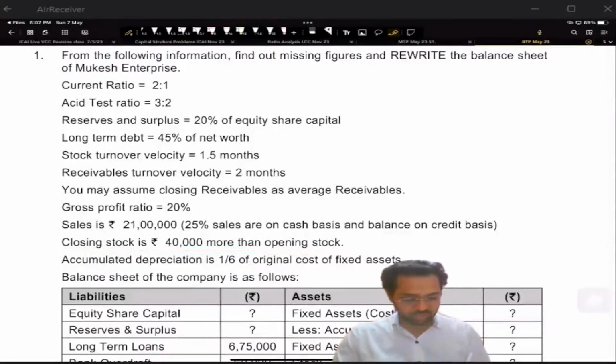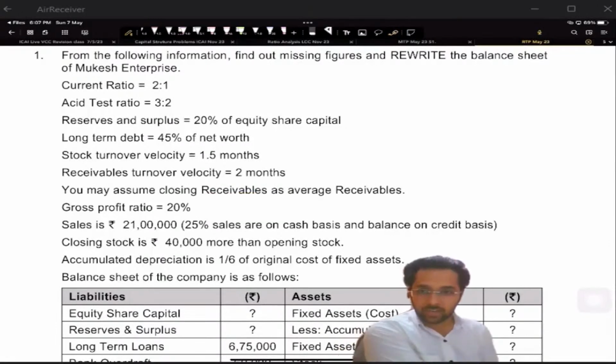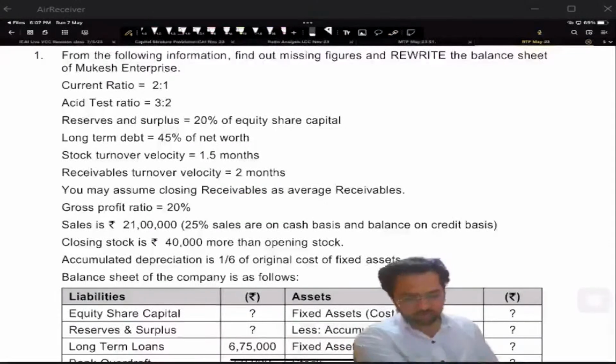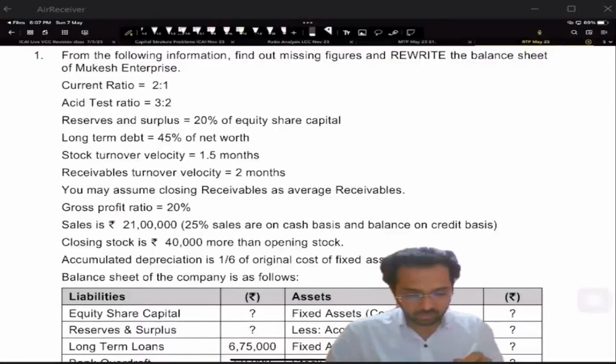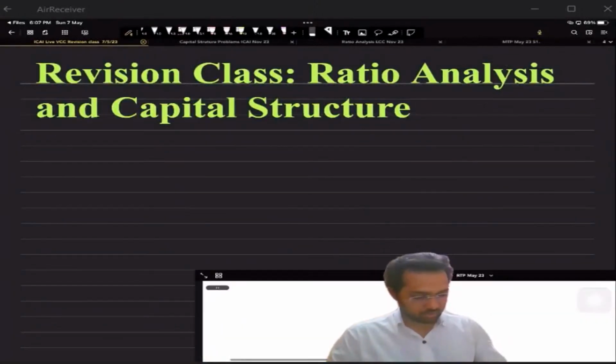Similarly, depreciation is going to be for fixed assets. From sales, we are also going to get the receivables figure. Once we have the COGS, we can also calculate the creditors. So the whole calculation actually revolves around this sales figure. Let's get started with this question.